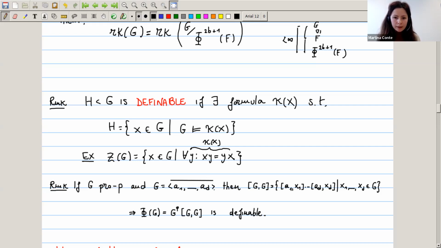If G is generated by a1 up to ad, then the commutator subgroup of G is equal to this set, and hence it is definable. So you can say these are the elements for which there exist x1 up to xd such that, once you are given the generators, you can write the element as such a product. So every element can be expressed by at most d commutators. Okay, I see. Thank you.